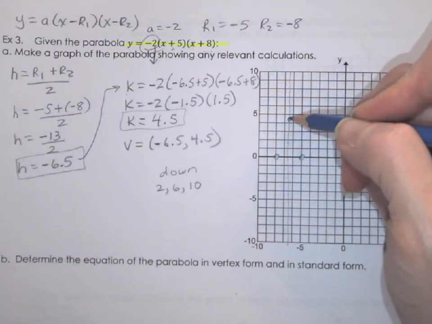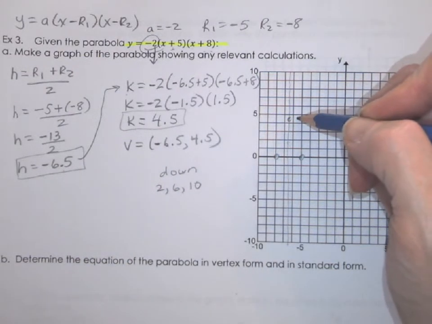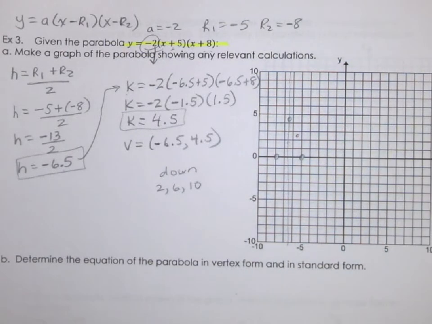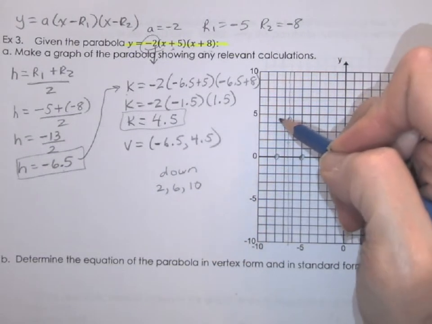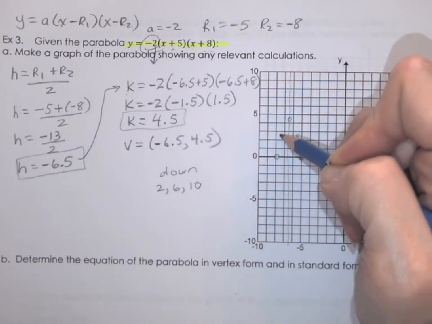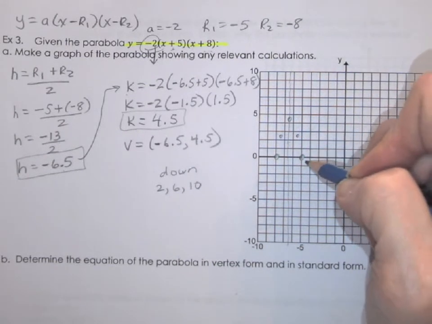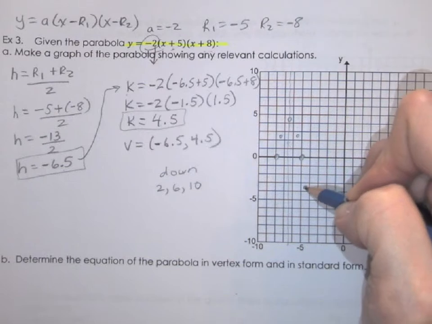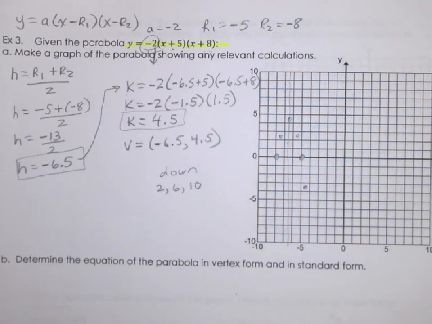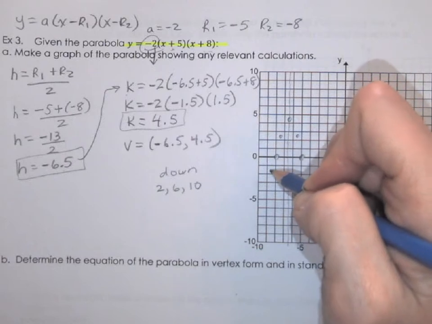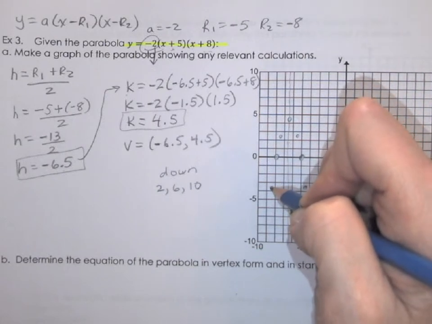So from our vertex, we're going to go over 1, which still puts us in the middle of the square, and down 2. And then same thing, over 1, down 2. Our next step is over 1, down 6, so into the middle of this square. And same thing over here, over 1, down 6.